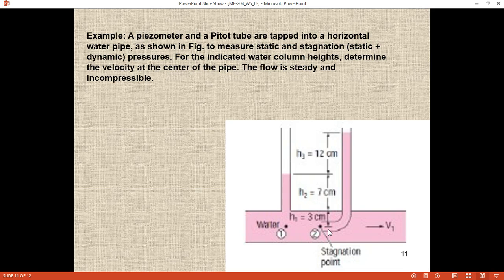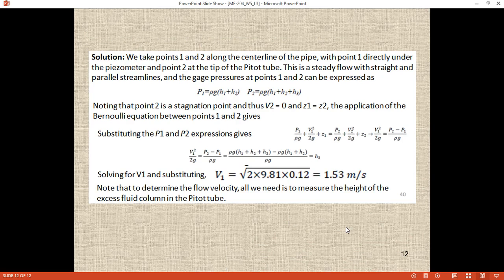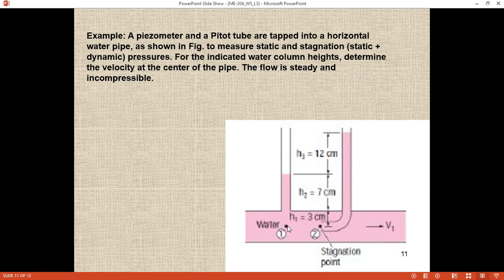Here we know the density of water, so rho g times H1 will give you the pressure, from here to here this is H1, and from here to here this is H2.